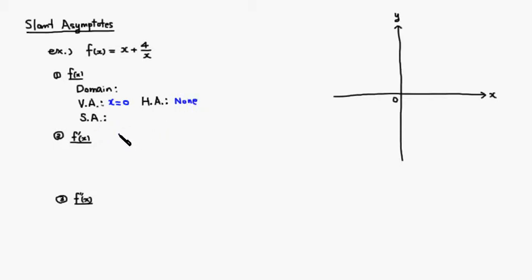But there is something called a slant asymptote. Let's look at this. You look at the original function and try to see what happens to this function as x gets larger and larger. So for large x, you can see that this second term, 4 divided by a big number, is very close to 0.